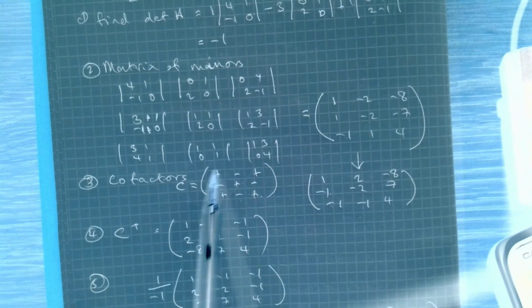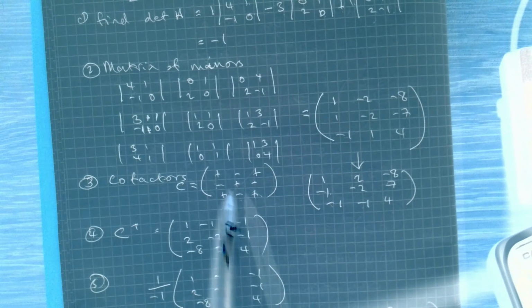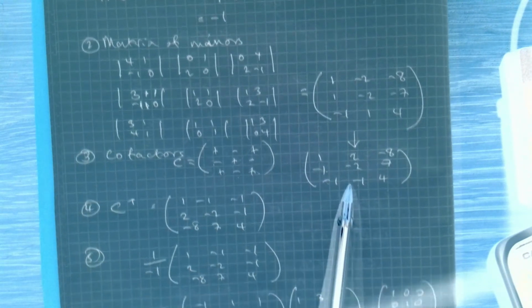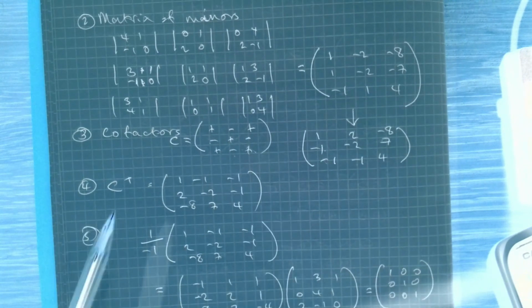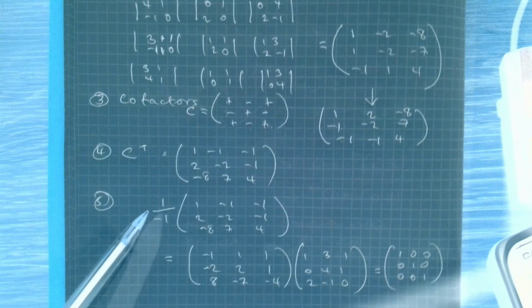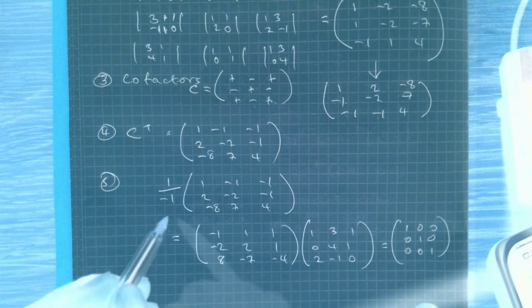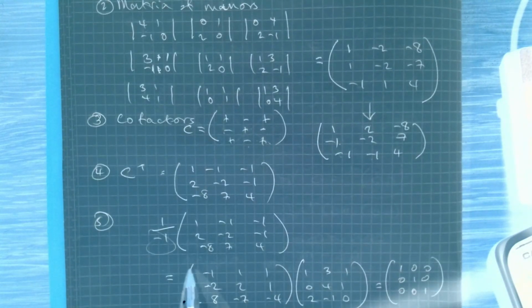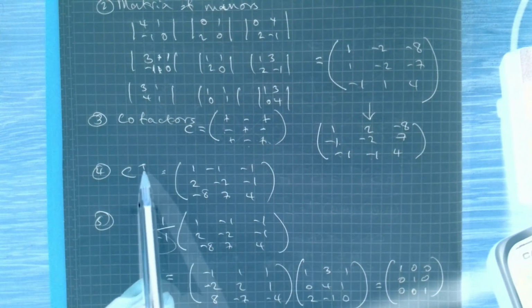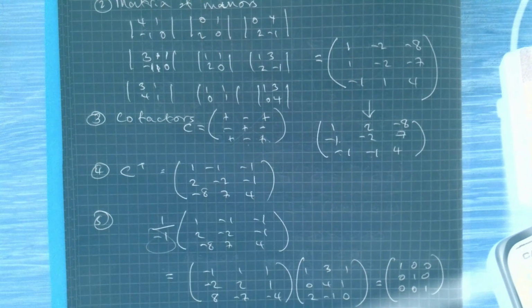You do this cofactor thing, so you reverse the signs of these 4 elements here, and you'll get this. You then transpose it, that means you flip the rows and the columns. Then the final answer is 1 over the determinant, which is minus 1, which you found right at the beginning, times this C transpose, this cofactors transpose matrix, and there we go.